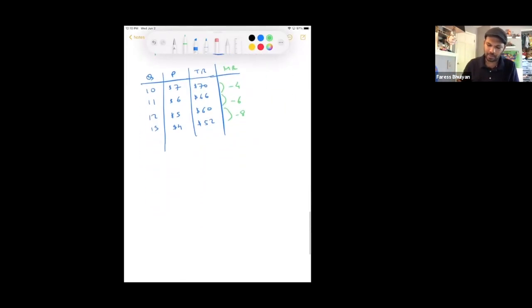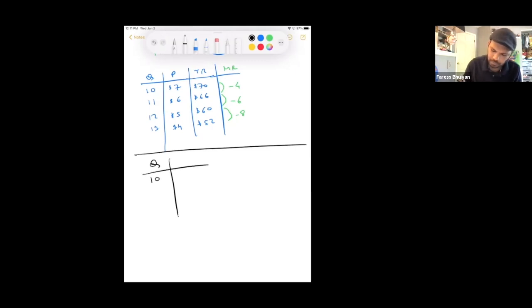Now let's think about a very particular story. Imagine you could sell 10 units or you could sell 11 units. If you sell 10 units, you can charge $10. If you sell 11 units, you can charge $9. So let's see the logic of what's going on.